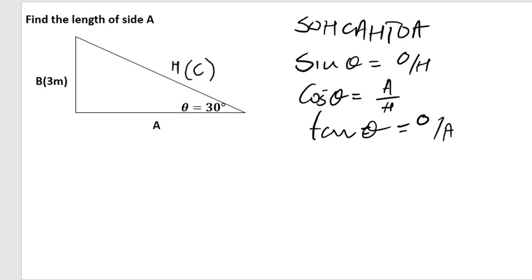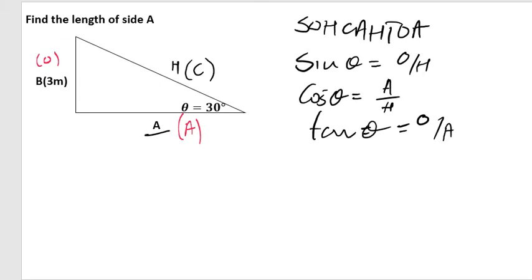So your adjacent in this case is a, and then your opposite in this case, we'll just write o there. There's your opposite. So now the first thing that you check in these problems, first thing first, you are required to find side A. Find the length of side A, this one here.